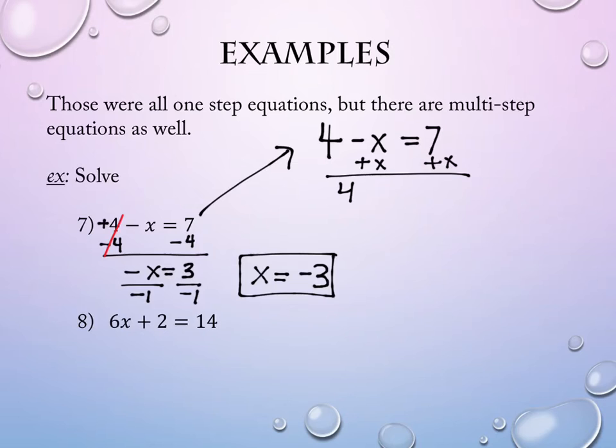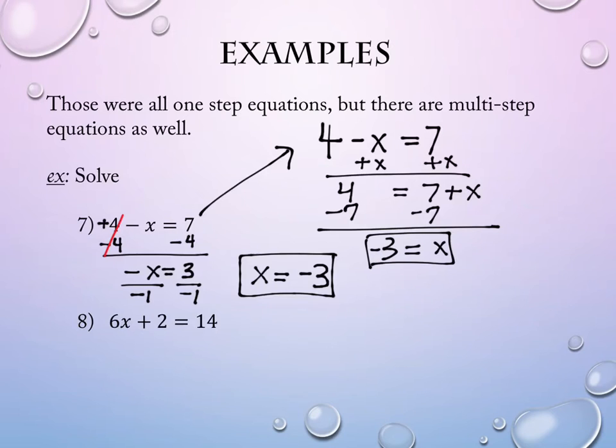So you have 4 on the left, and you have 7 plus x on the right. And then what would you do with your 7? You'd have to subtract your 7. So you still end up with a two-step equation. You still end up with x equal -3. But you definitely have that as a secondary option. Either one will work.